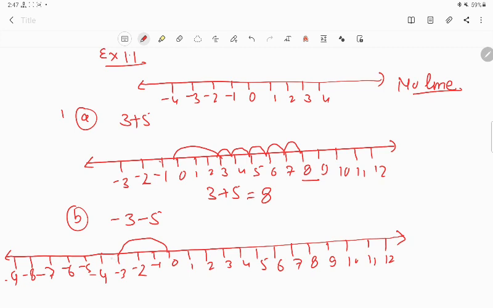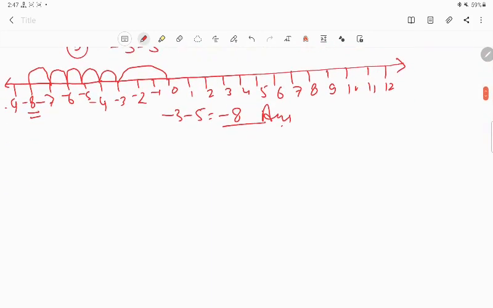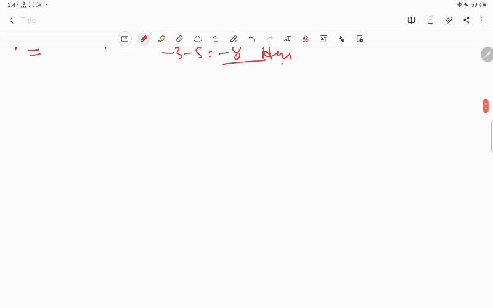Now count 5 steps to the left side: 1, 2, 3, 4, 5. The answer is coming -8. So -3 -5 is -8. This is your answer. And now I am going to teach the next question.